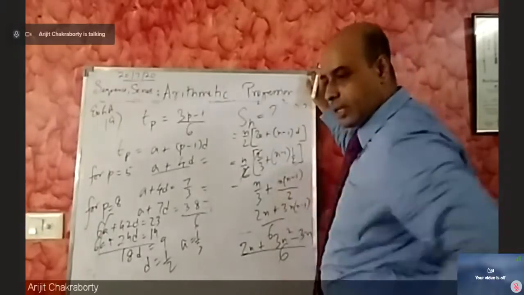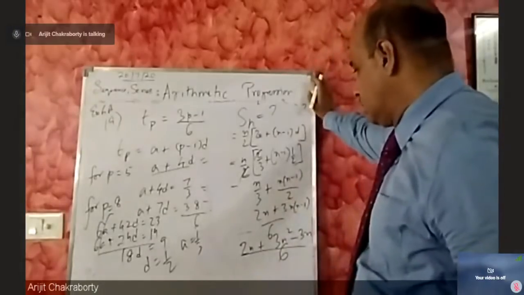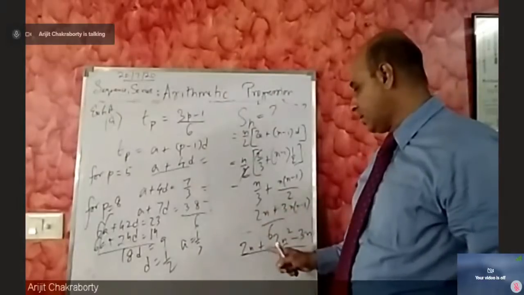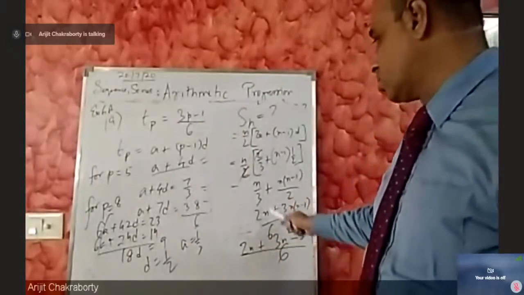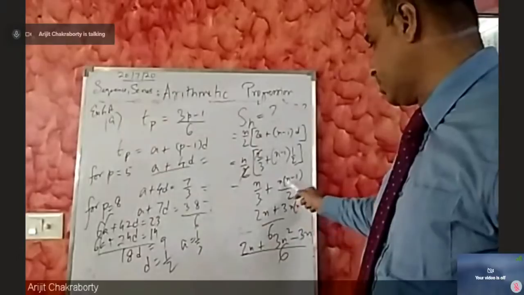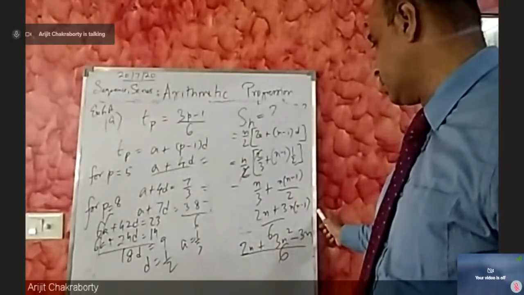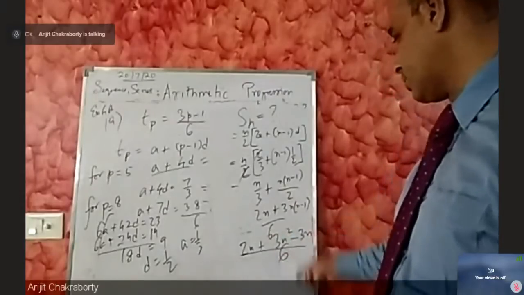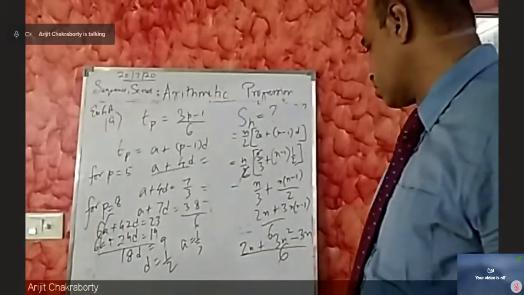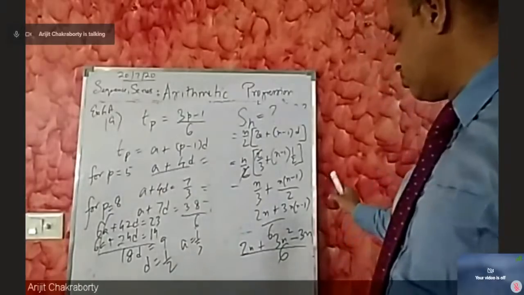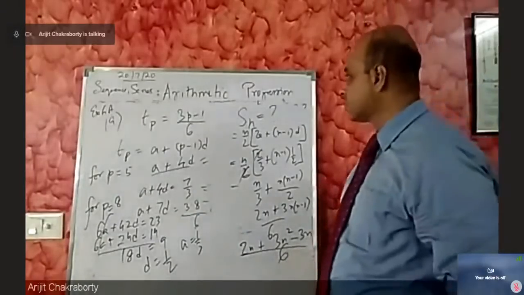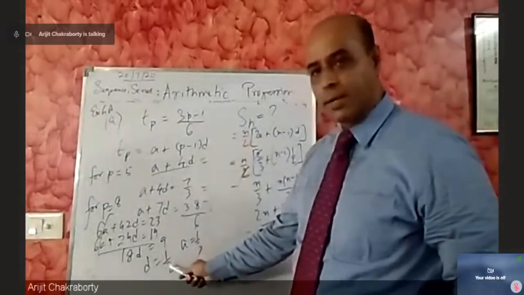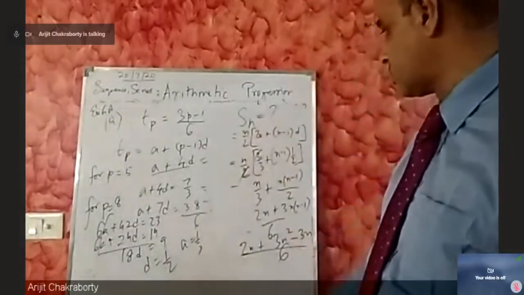Just let's see whether we are correct or not. If you just simplify, you should be getting 2n here plus 2 into 3, 3n square minus 3n, and then you simplify. It should be (3n square minus n) by 6. I think A is 1/3, D is half. There is no confusion here, just this part.